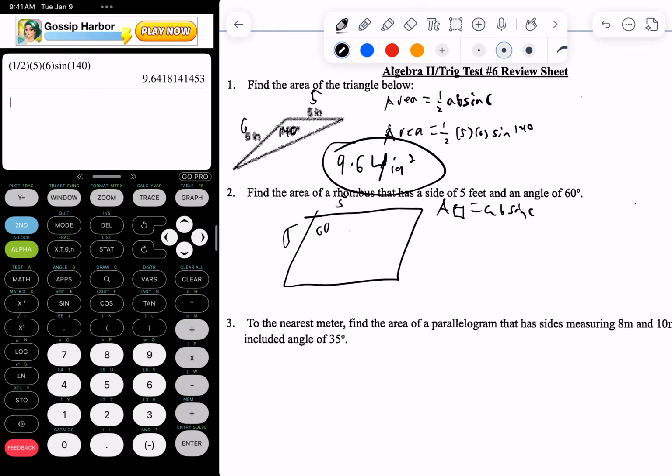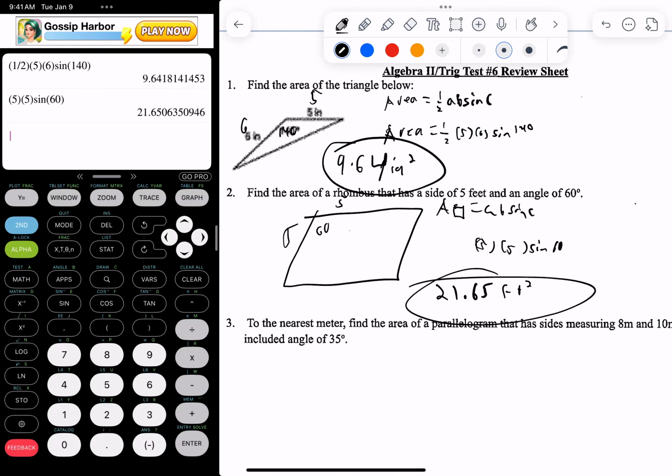So, 5 5 sine 60 is 21.65 feet squared, because it says feet over here.